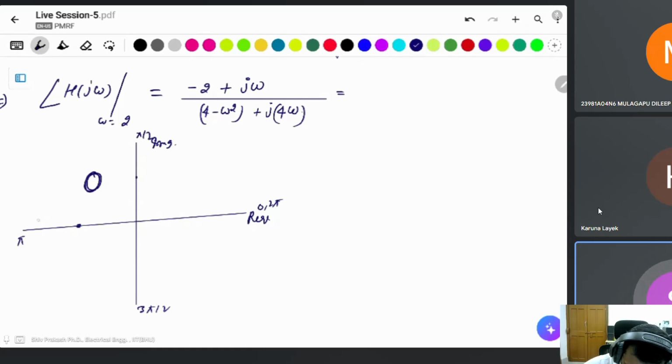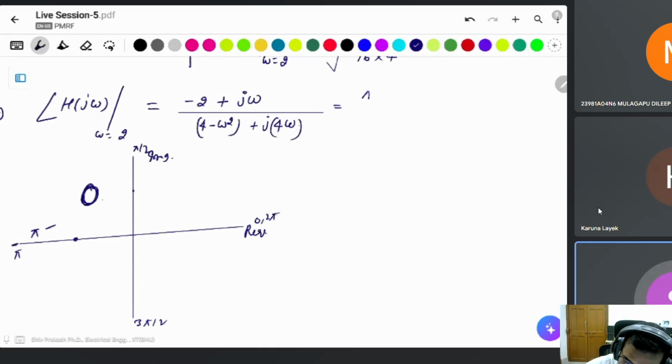Then you have to take pi minus this angle, then you can find the exact angle of this one. Then pi minus tan inverse of omega by 2, the quantity of this one.